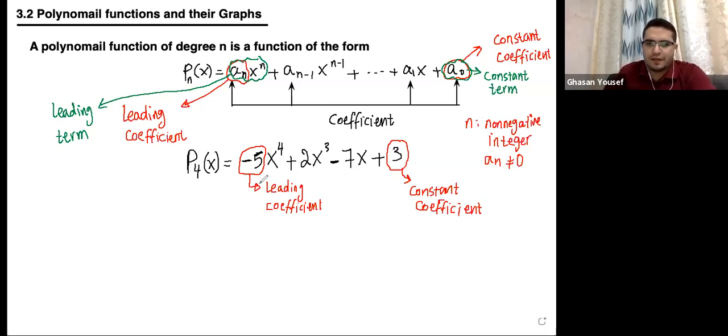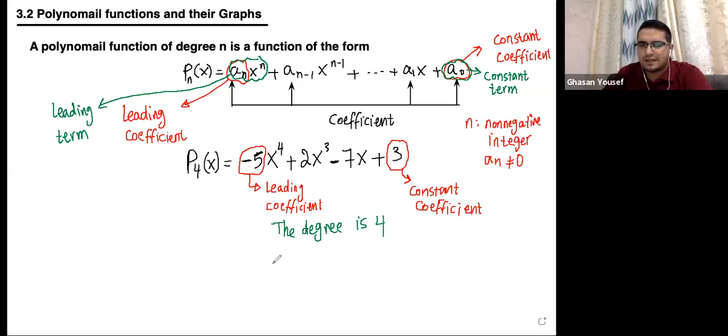Now the degree is the highest exponent. We have 4, we have 3, we have 1, and here we don't have x, this means x to the power 0. So the highest exponent is 4. So the degree is 4.